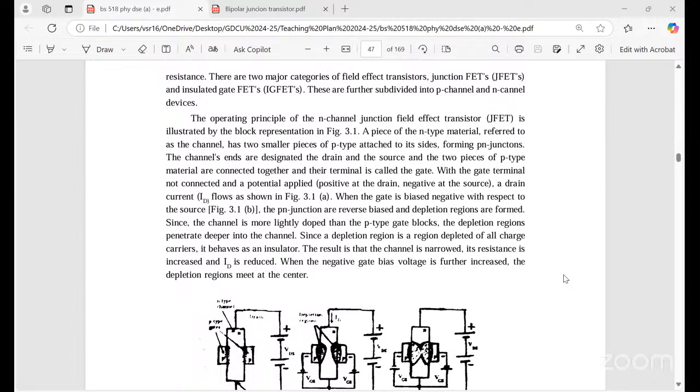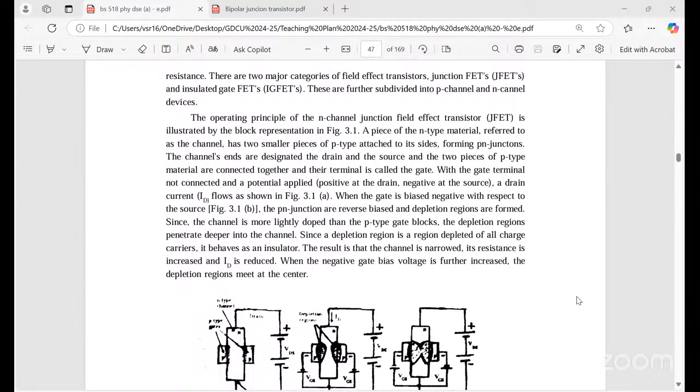Okay. So with the gate terminal not connected, a potential is applied which is positive at the drain and negative at the source.